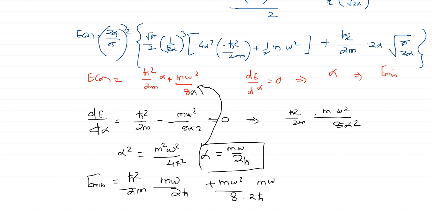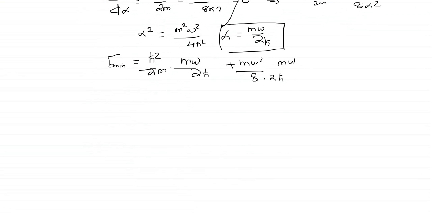Okay, so we need to simplify this. Let's try that. So m gets cancelled over here, one h bar also gets cancelled, this 2 becomes 4. So we have omega h bar upon 4 plus, now here, just wait. Have I done this correctly? Let me see.